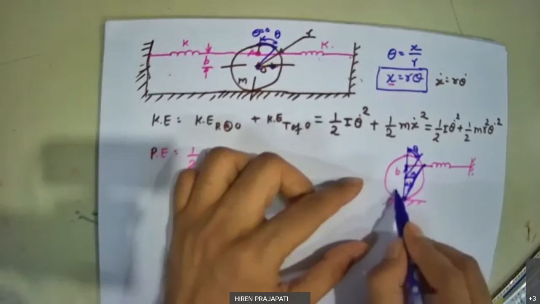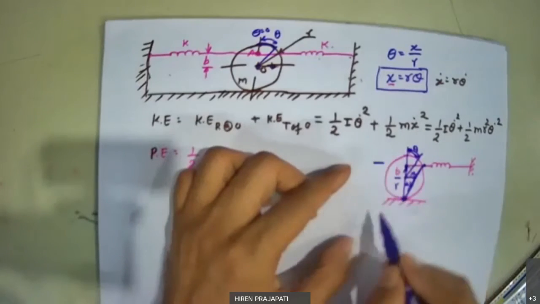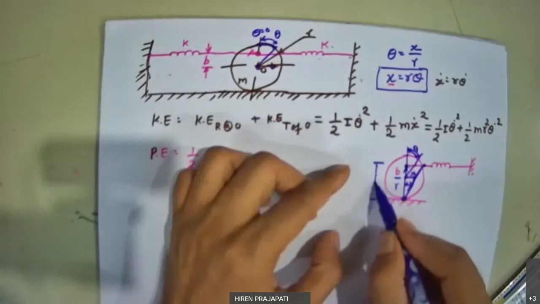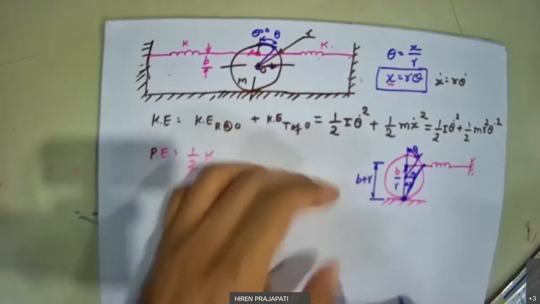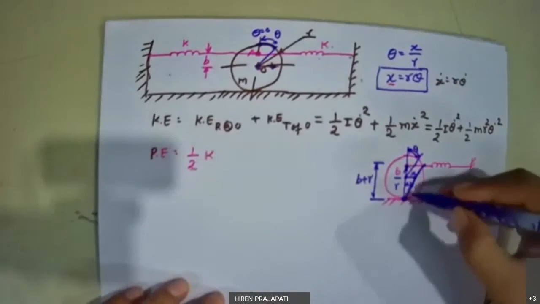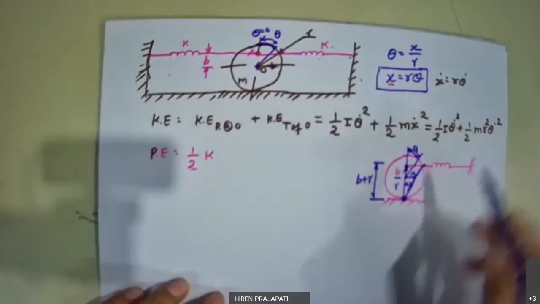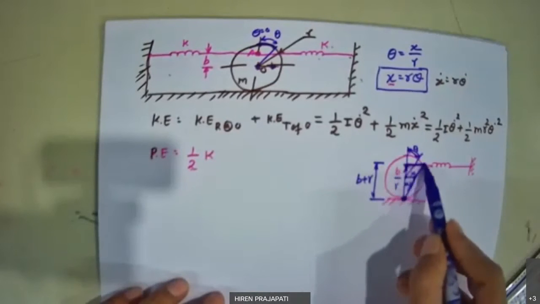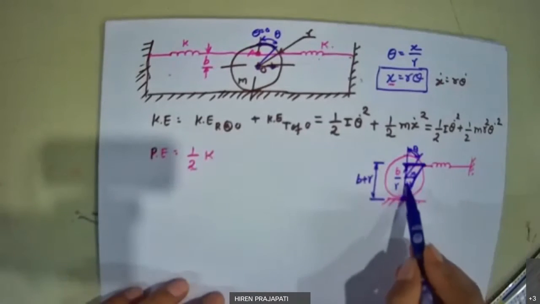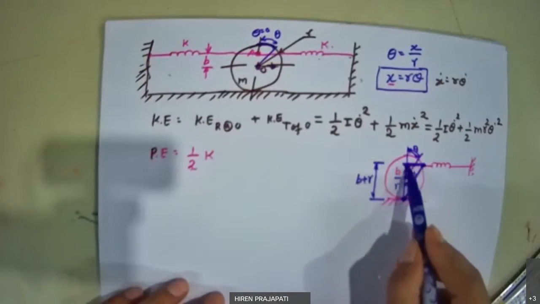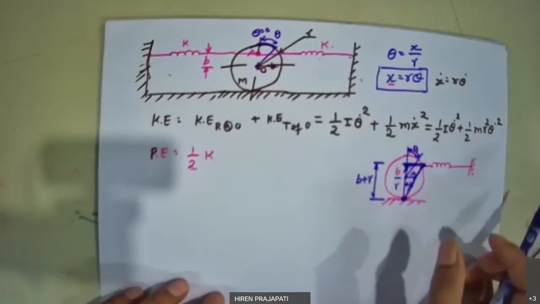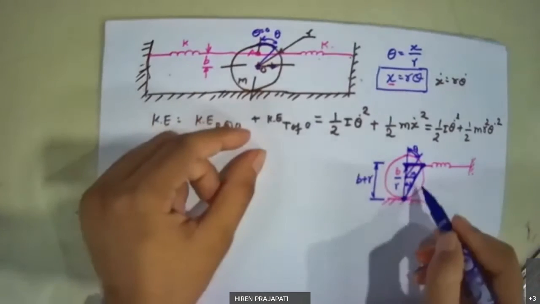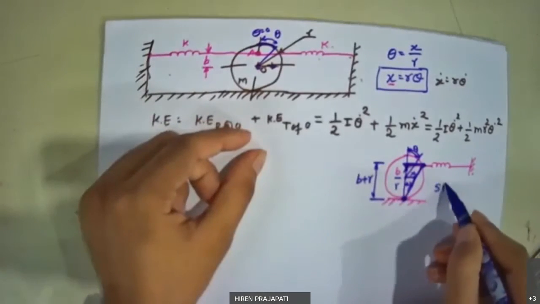It is b plus the radius of this disk r. So the total distance of this point from the rolling point is b plus r, right? Now how much has it moved? It is moved by this much distance, and the angle is theta. Now suppose I want to find out how much the spring is compressed. For that I need to take sine theta.